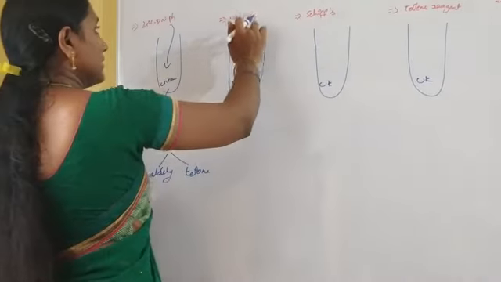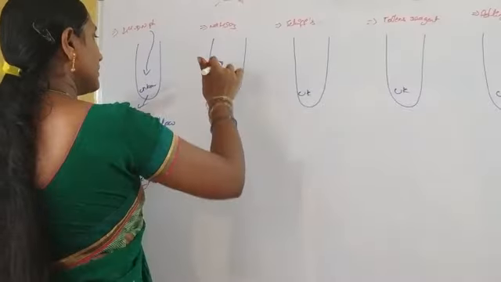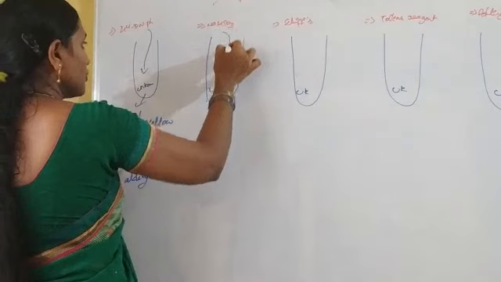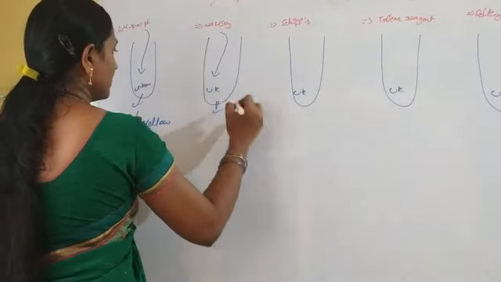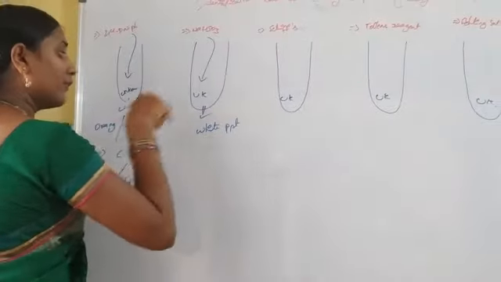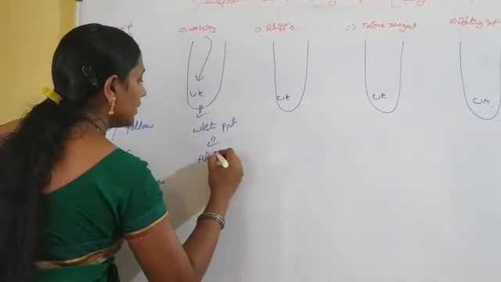Another identification test is the sodium bisulfite test. Sodium bisulfite is added to the unknown solution, and we observe a white precipitate. That white precipitate indicates aldehydes.